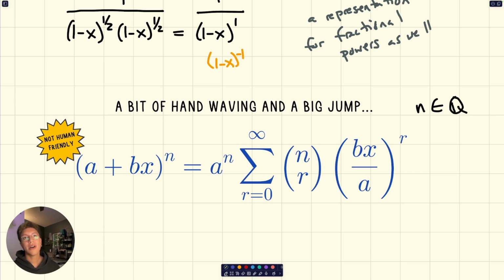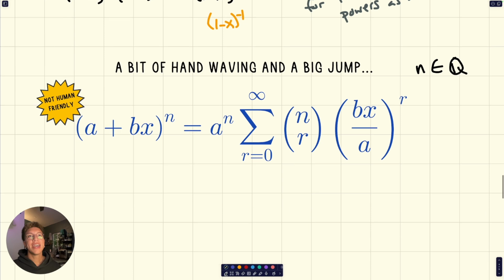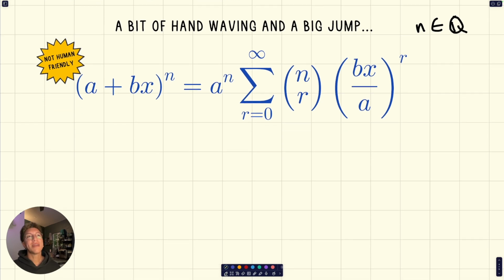It includes our rational numbers and irrational numbers. Is that true? No. Q is rational numbers only. So that's going to be integers and fractions that we're going to be able to plug in for n. And this will work for all of them. Okay, so this is Newton's binomial theorem. Let's go ahead and break it down.